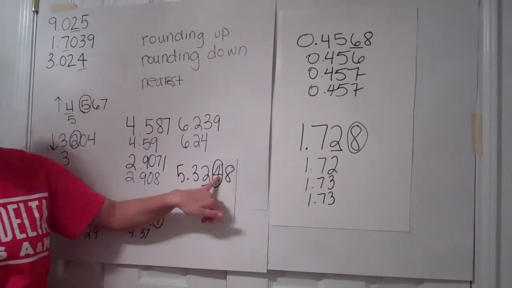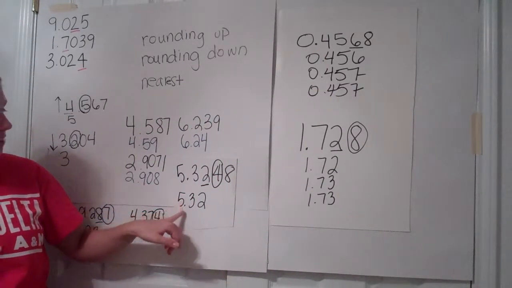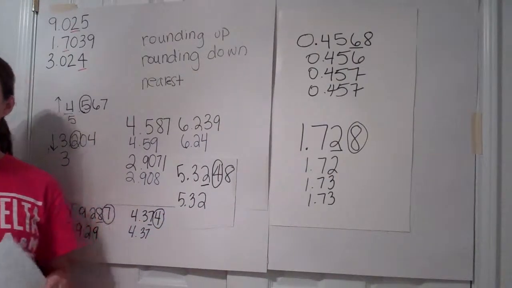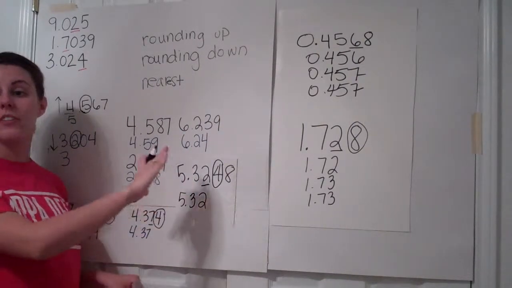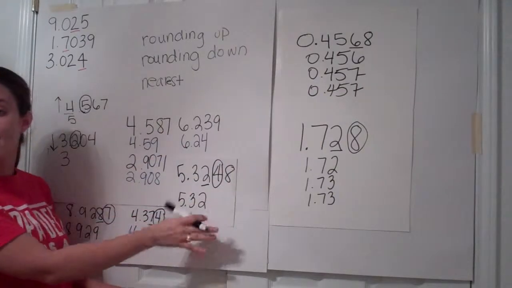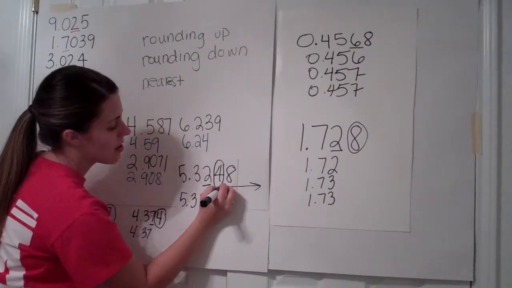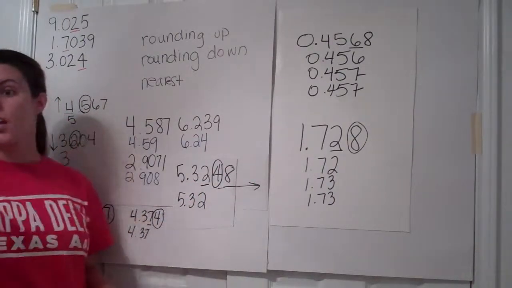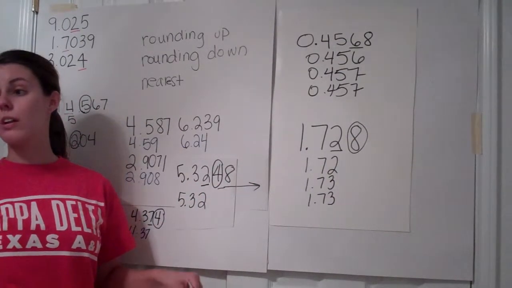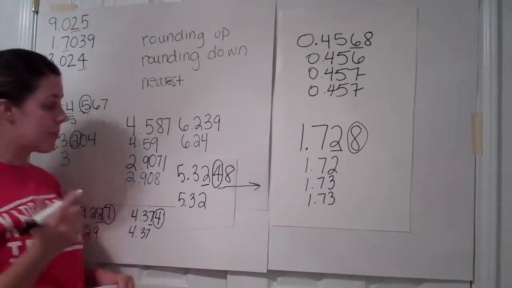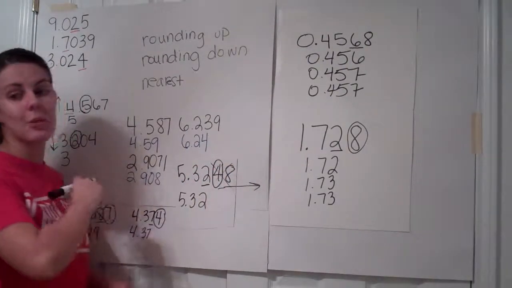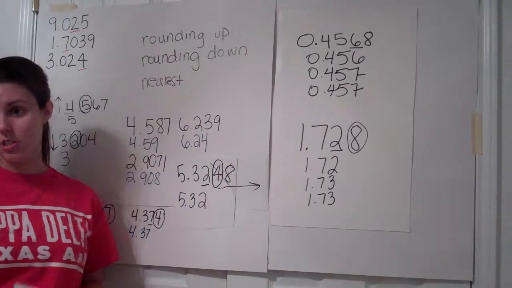So if this were a 6, our number would be 5.33. All of the numbers after the place value that you're rounding to, you're going to get rid of them. Because that's what rounding is, so that we get a simpler number.